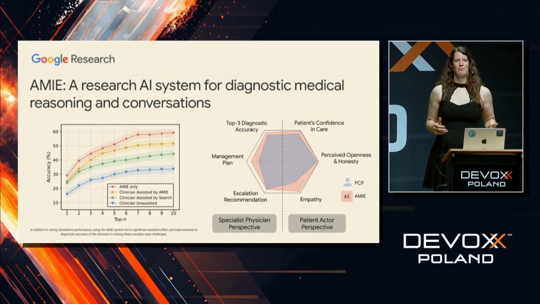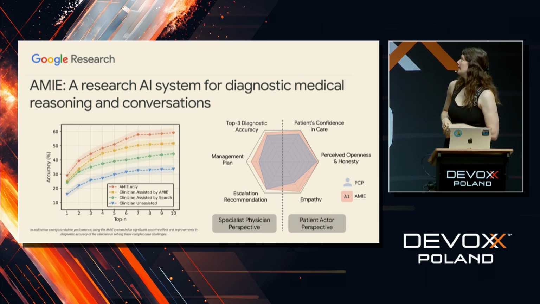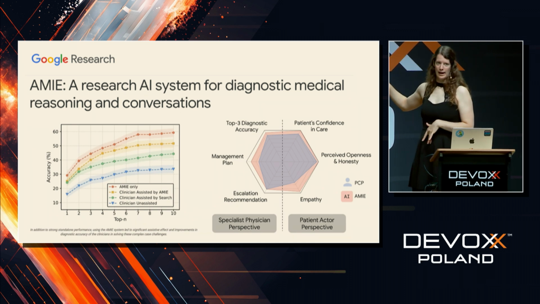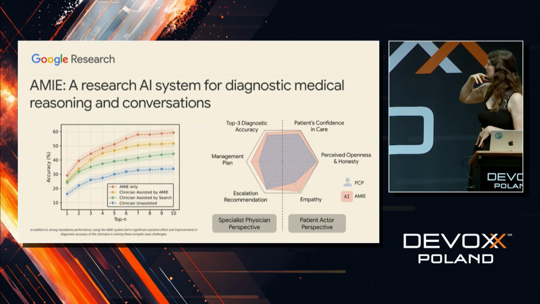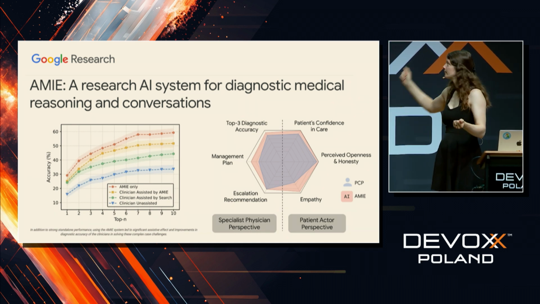So it doesn't have a bad day, and it is not biased towards whoever sits in front of it. So that's really nice. And then even worse, on the left, in blue is if the doctor tries to make the diagnosis alone without any help, so the diagnosis accuracy. In green is when they can use any search tool.